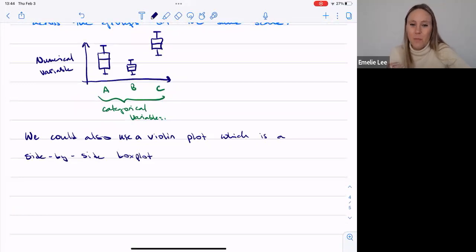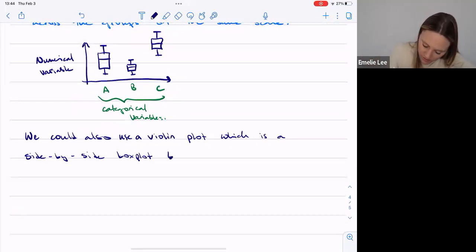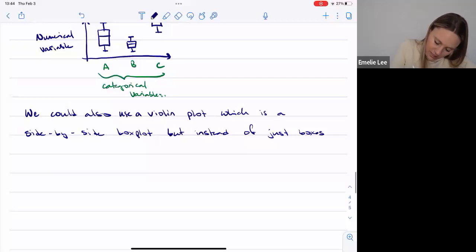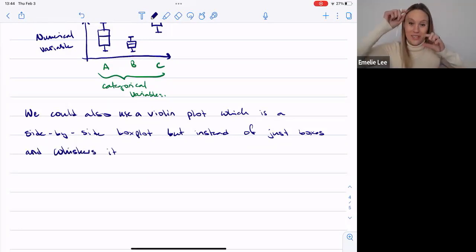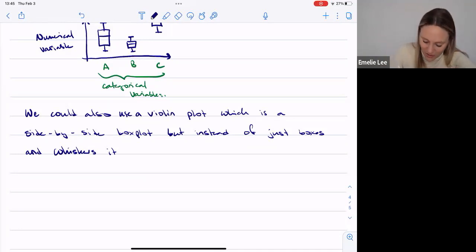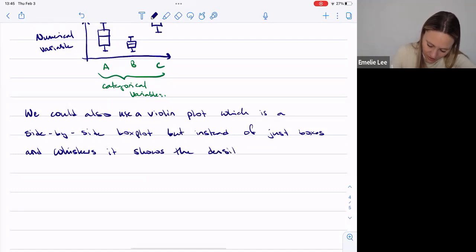But instead of just the boxes and whiskers, the whiskers are those little lines on top of the boxes on the bottom and the top, it shows the density of the data as well.